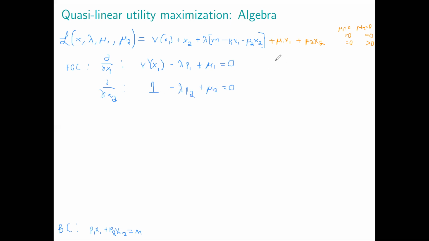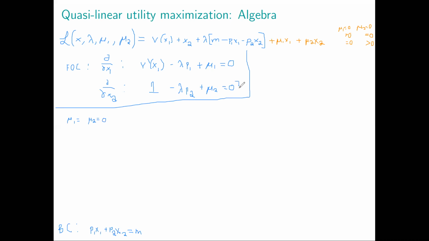So the first one is, let's assume mu1 equals mu2 equals 0. And here, if we do this, these will both be gone, right? And I'm going to keep this first order condition up just because it'll be useful to refer to rather than writing things down all the time.